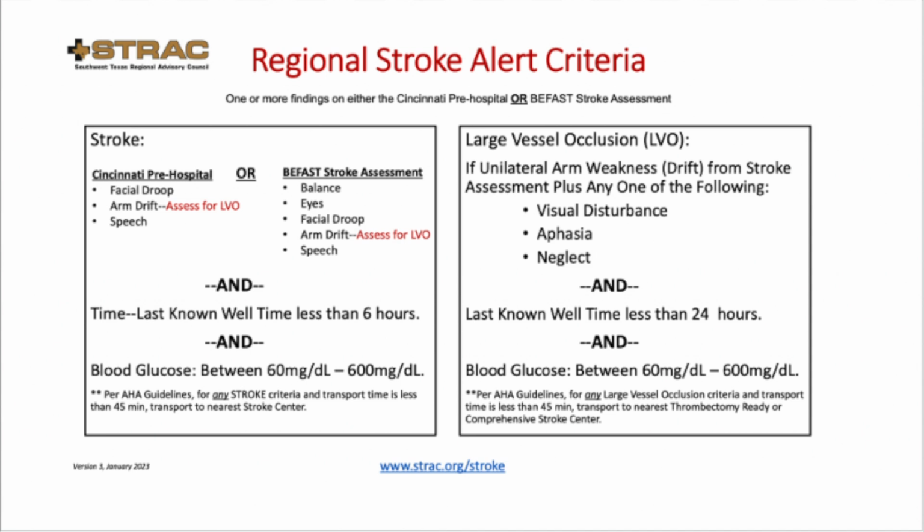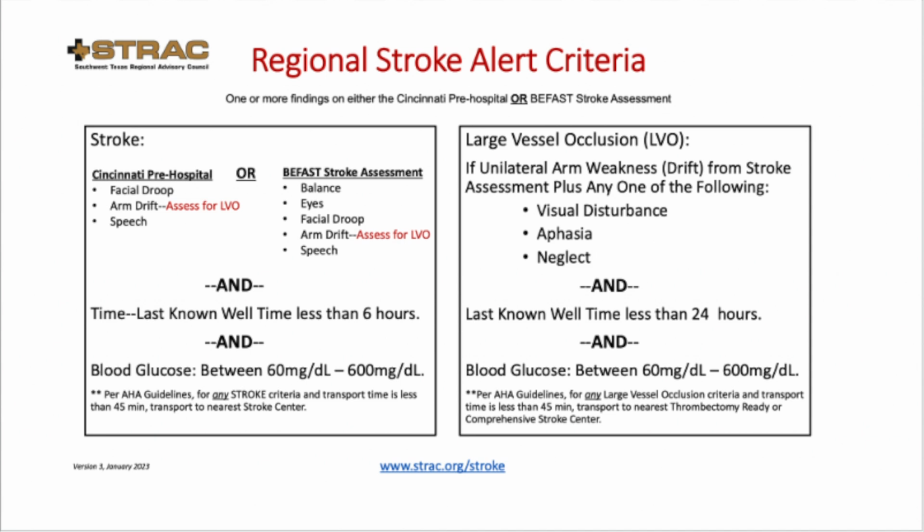And the differentiating timepiece for this is that LVO criteria and code LVO can be initiated if we are within the 24-hour time frame. So just to clarify, in order to activate a regular code stroke, last known well time must be within 6 hours.